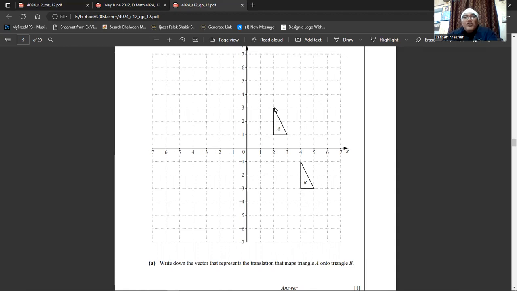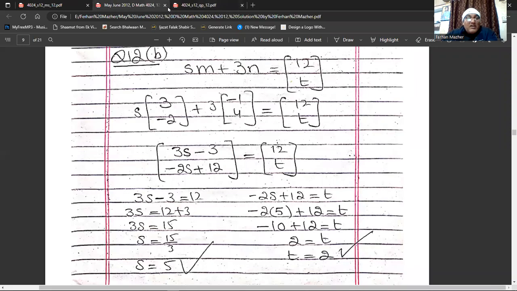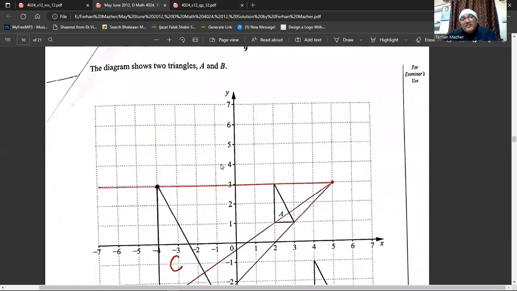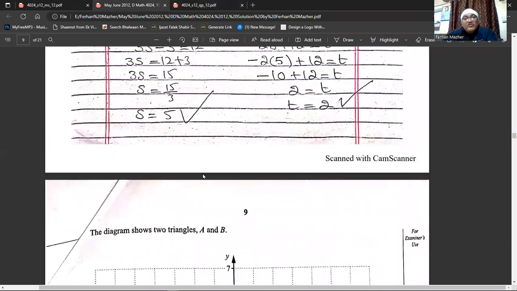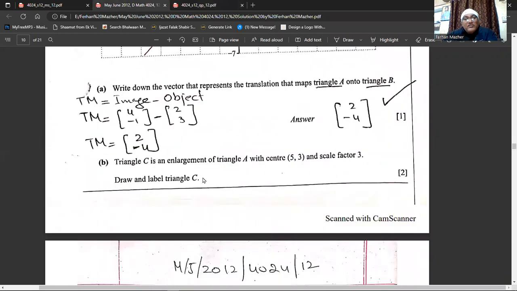You write the position vector of a point on the image minus the position vector of the corresponding point on the object. So let me show you. So the translation matrix is equal to the image minus the object.